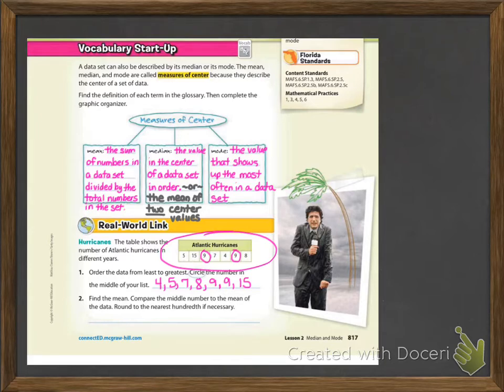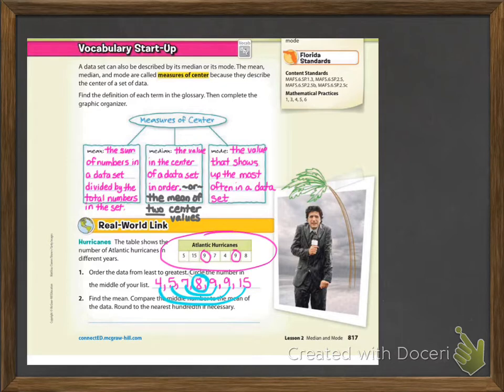I'm going to do an upside down rainbow since I don't have room on the top. I would just pair up my first number with my last number, and then the next number with the next to last number, and so on. You notice that 8 cannot pair up with anybody because he's all alone. He's smack dab in the middle. So 8 is our middle number, which is the same thing as the median.